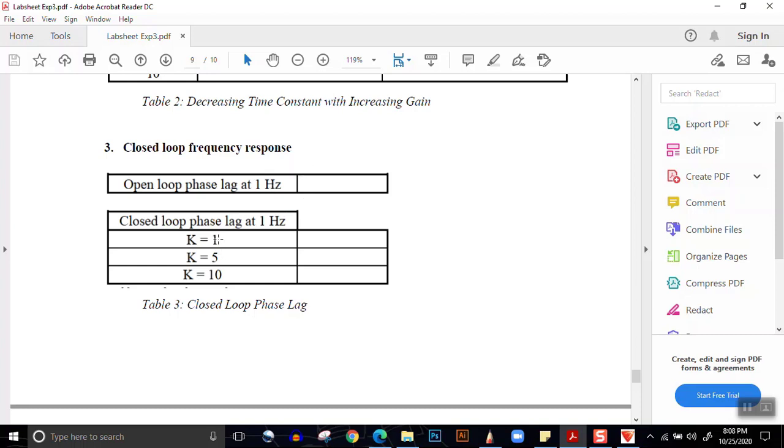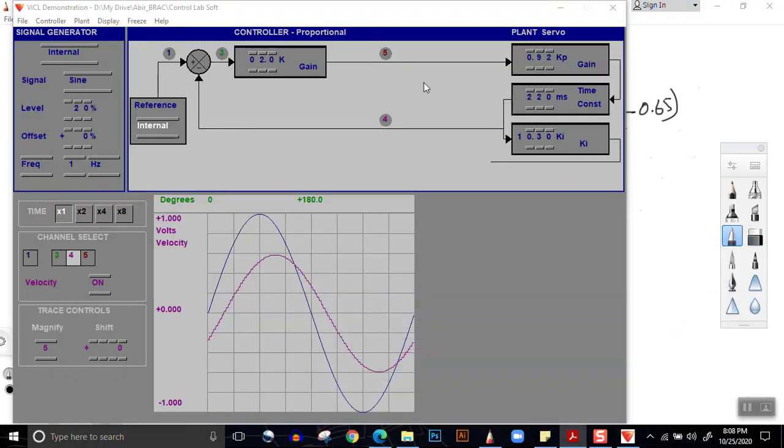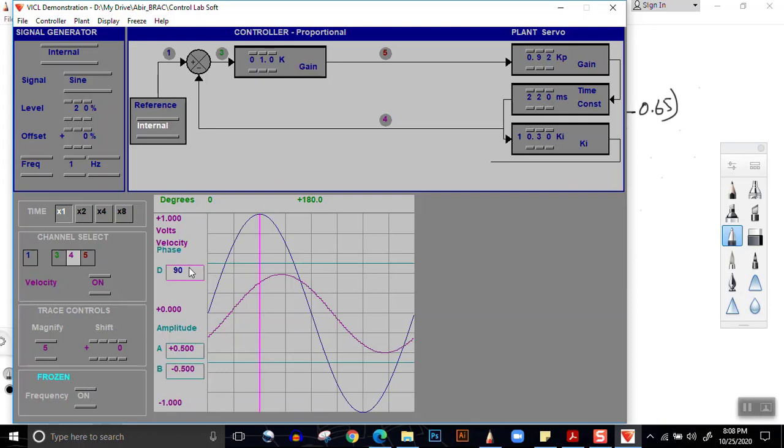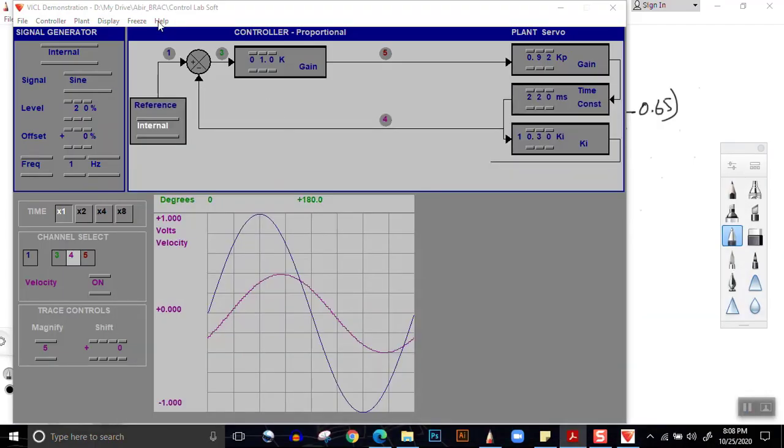So closed loop phase lag at k equal to 1. At first we set k equal to 1. After that, we freeze it. We turn the frequency on. We select D and find the peak. So this is 130, so phase lag is 40 degrees. Then we start again. Now the second data is k equal to 5.